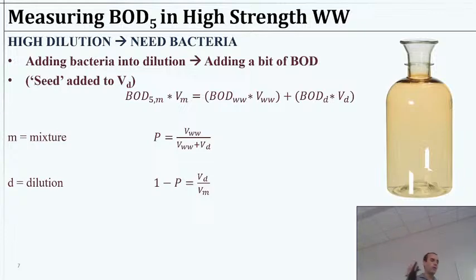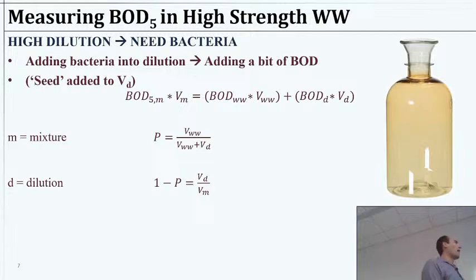And it turns out it's very inconvenient to filter out all those bacteria into a nice, clean, pure solution before adding them to the dilution water, because they have to have something to keep them growing or satisfied, at least. So we're going to add a little BOD as we're seeding the water. It's unavoidable, but we have to add just a little bit of BOD.